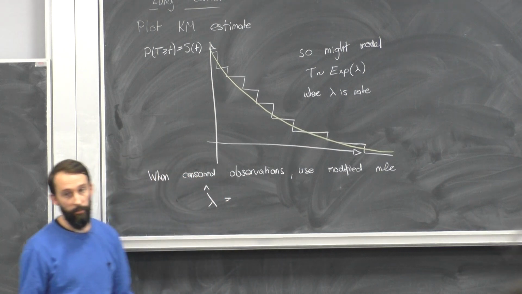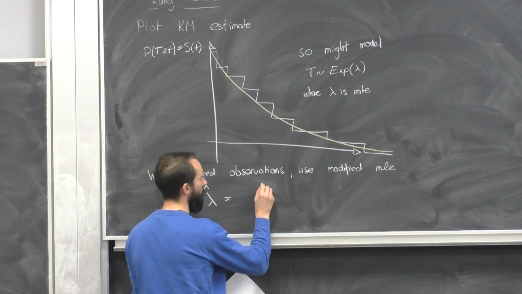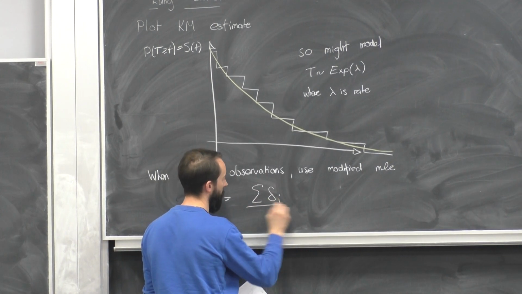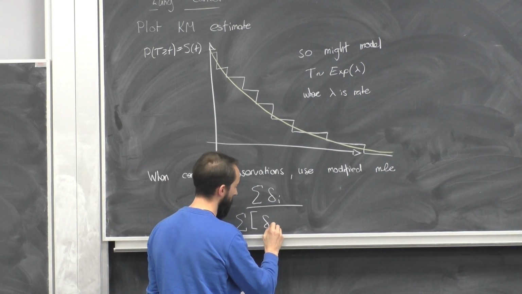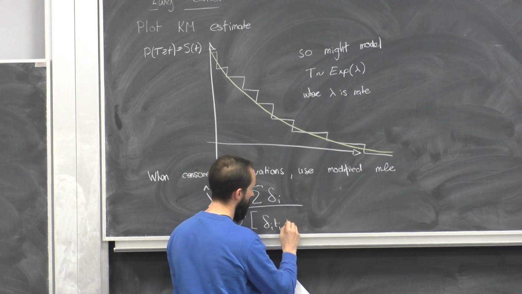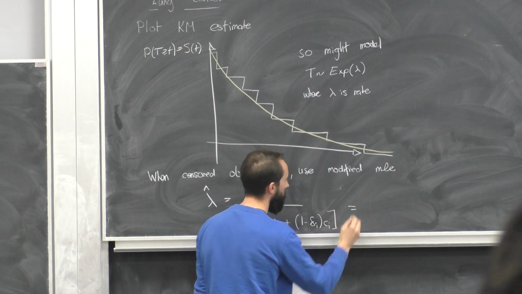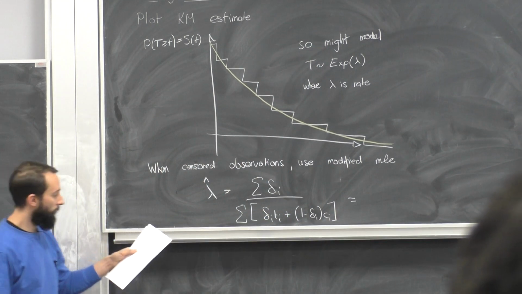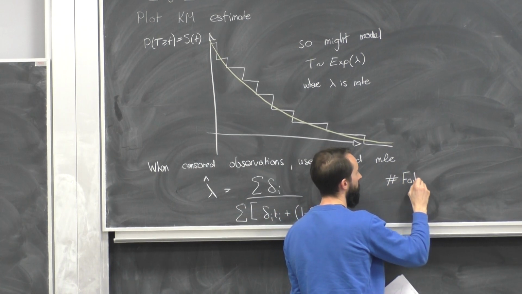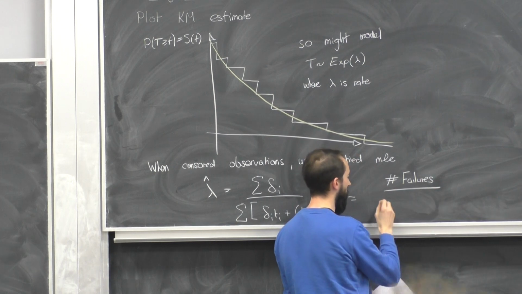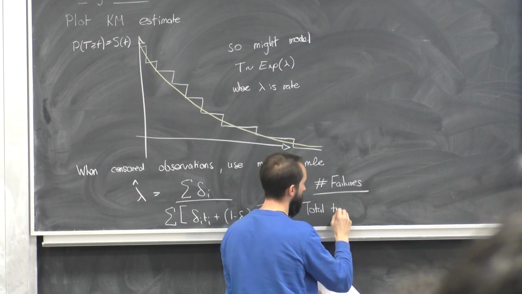It's exactly the same idea of maximum likelihood, but taking into account that we've got some censorings, and we get an estimate for lambda hat, which is the sum of the delta i's divided by the sum of delta i t i plus 1 minus delta i c i. That looks a bit complicated. In reality, all it is doing is working out in my entire study how many people failed and dividing it by the total time that I observe people alive.